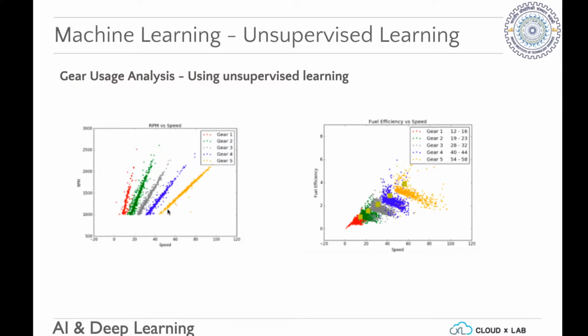Then when we plot fuel efficiency versus speed, in which the gears are identified separately, we could see a very clear pattern: as we drive on a higher gear, the fuel efficiency increases.